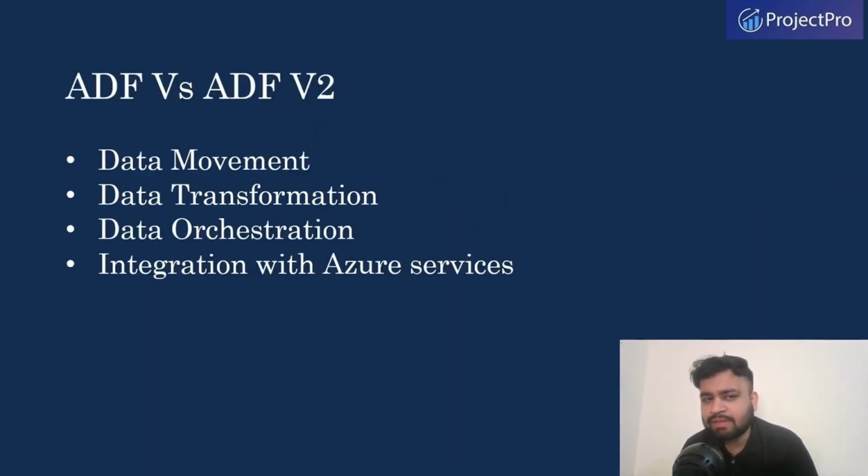Okay, so first let's discuss Azure Data Factory versus Azure Data Factory version 2 and what the benefits of version 2 are over its predecessor. We will see that in four major categories: data movement, transformation, orchestration and integration with other Azure services.